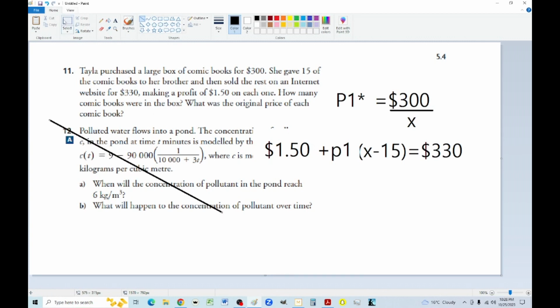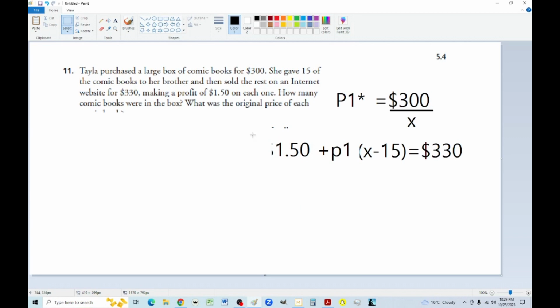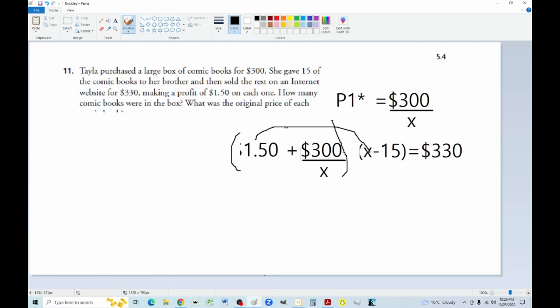I'm just going to get rid of this entirely, this 12. So everywhere I see price 1, I can replace it with this, and I only see it there. Now keep in mind that this is in a bracket and has to multiply out. But it's a lot easier for me to get rid of the x by multiplying both sides by x.